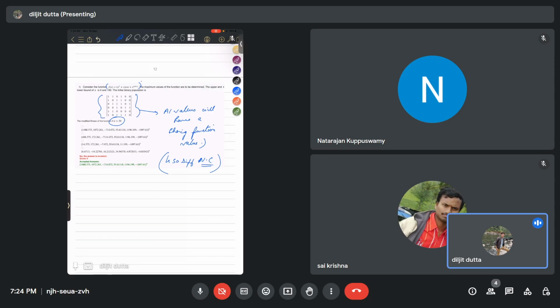When you calculate the fitness function, in place of cos x, we have cos of... I think there is a mistake. It is cos of x plus x to the power sin x, not cos. There is some typing mistake here, so just be careful. Just solve this problem on your own.